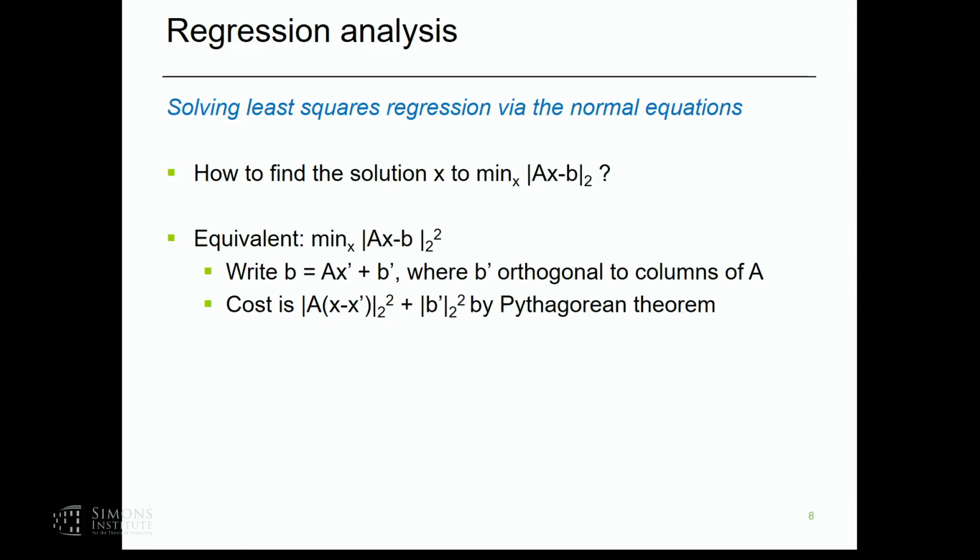So really what you want to do is just make this first term equal to 0. And so x is optimal if and only if it satisfies the so-called normal equations.